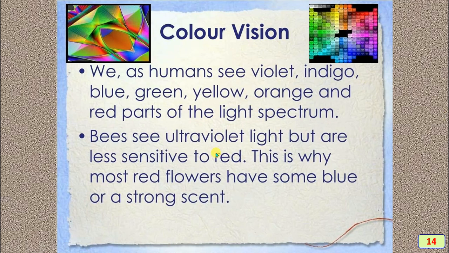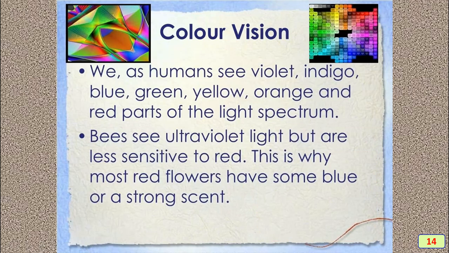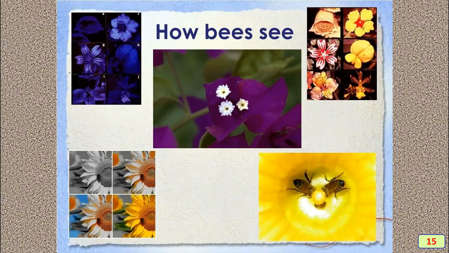They cannot recognize red. This is why most red flowers have some blue or a strong scent. The bees detect flowers by their colors sometimes, because they can also detect ultraviolet light.